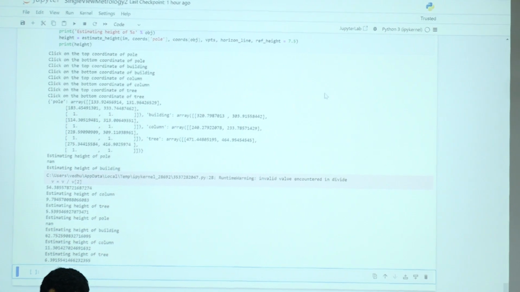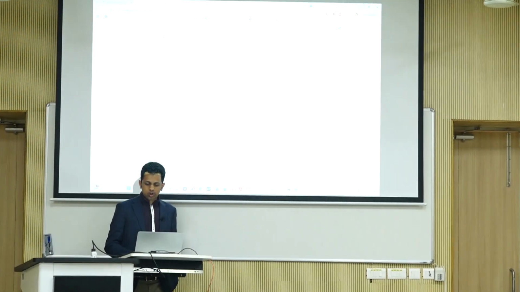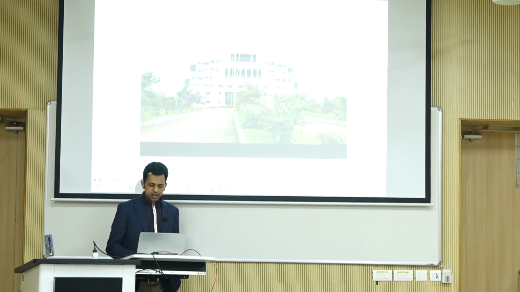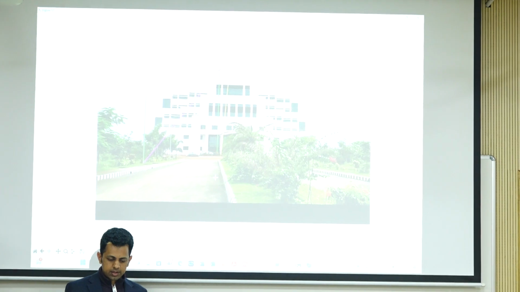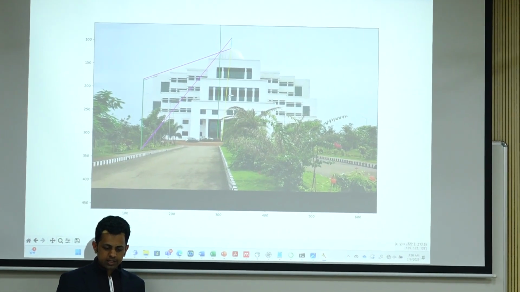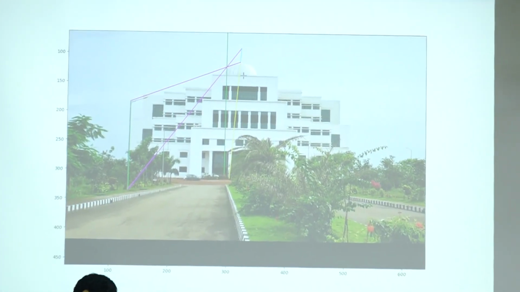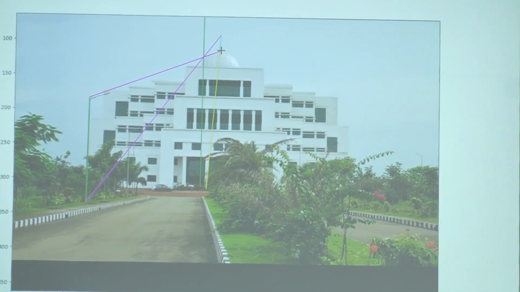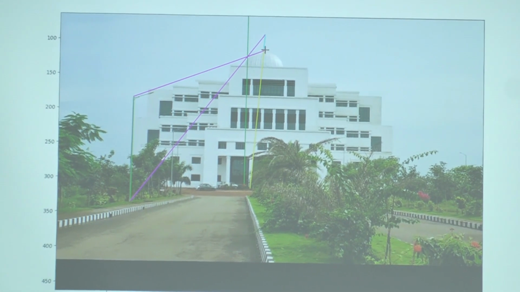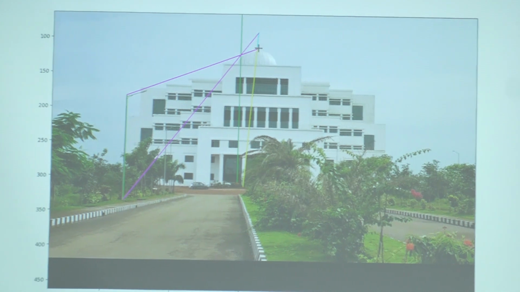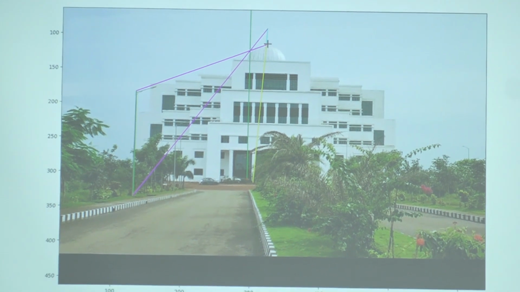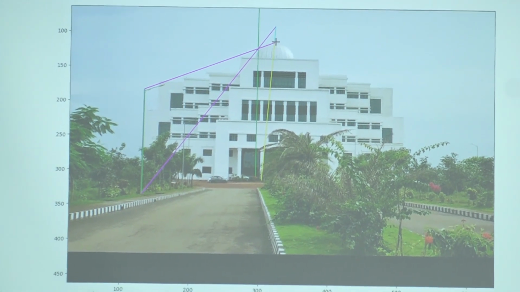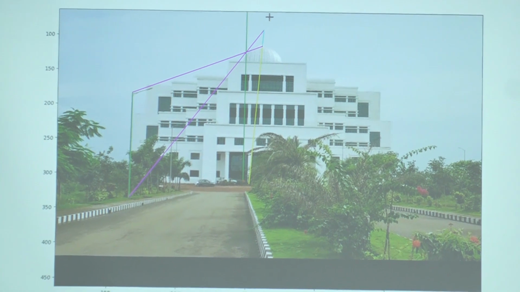Yeah. So it comes down to how good your selections are, right? But also the mistake I made here is that the dome is not at the same plane as this point, because it's further behind.